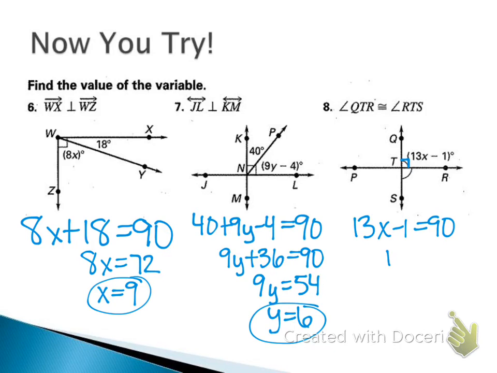Add 1. 13x equals 91. And then divide. It comes out nicely. Connor? I got x equals 7. Perfect.